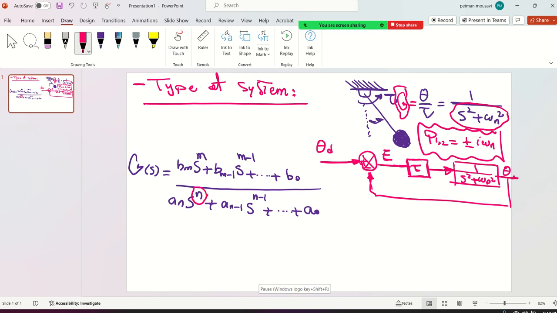This is an nth order equation, like in high school. How many poles?